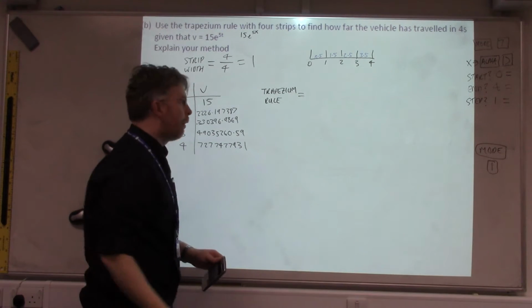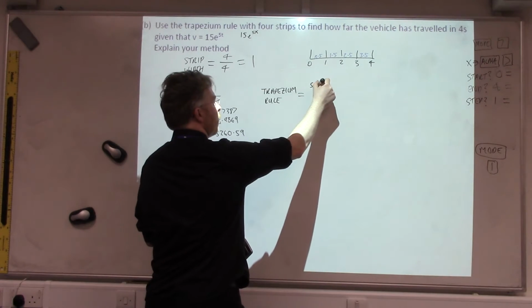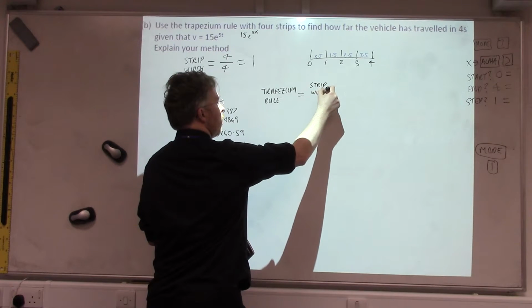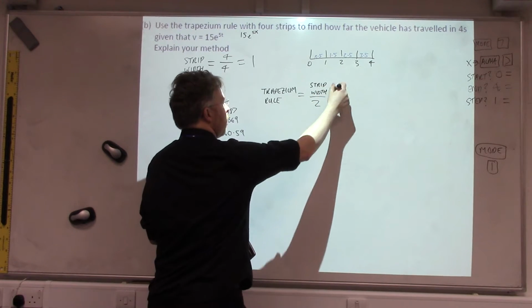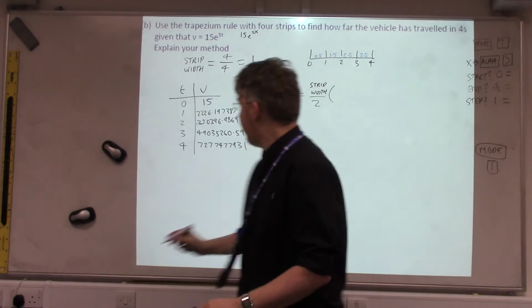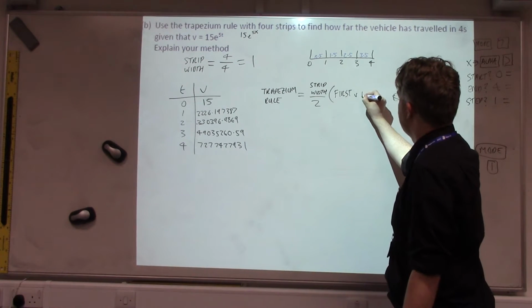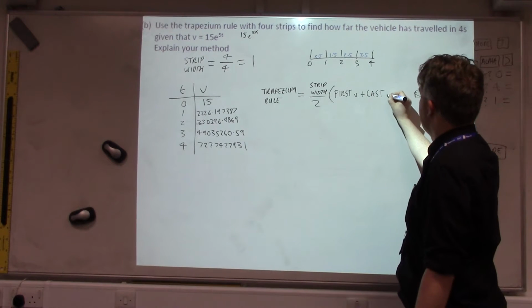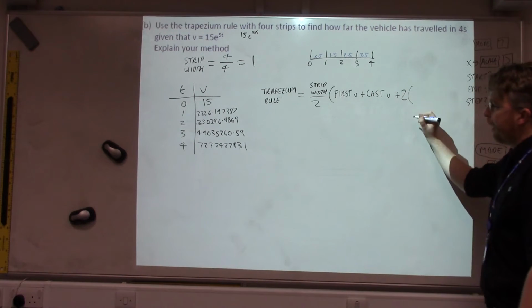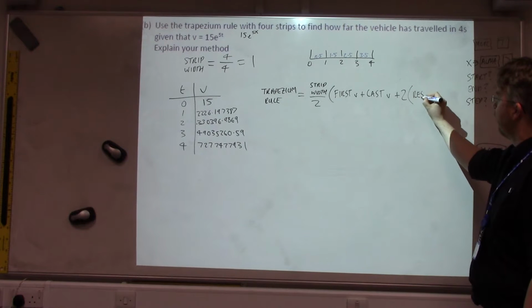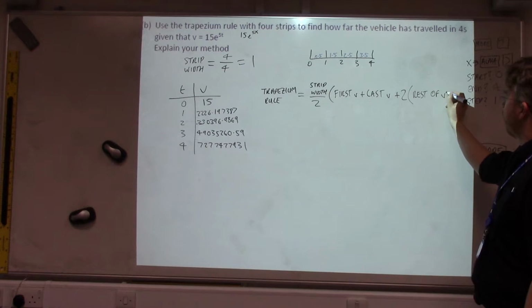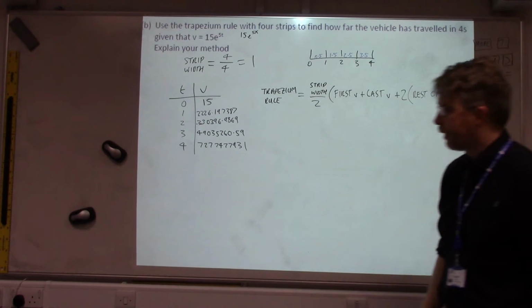Which equals the strip width divided by 2, open bracket, first V plus last V plus 2 times, open bracket, rest of the V, close bracket, close bracket.